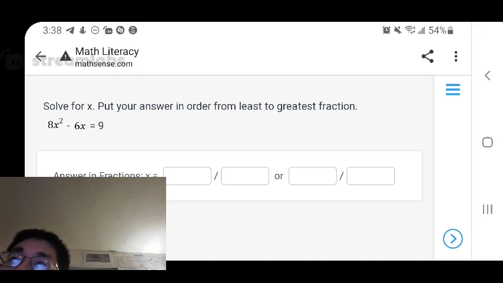Solve for x. Okay. Put a fraction. There's two ways to do this. I can factor out x. Yeah, I'll just do that. X times ax minus 6 equals 9.